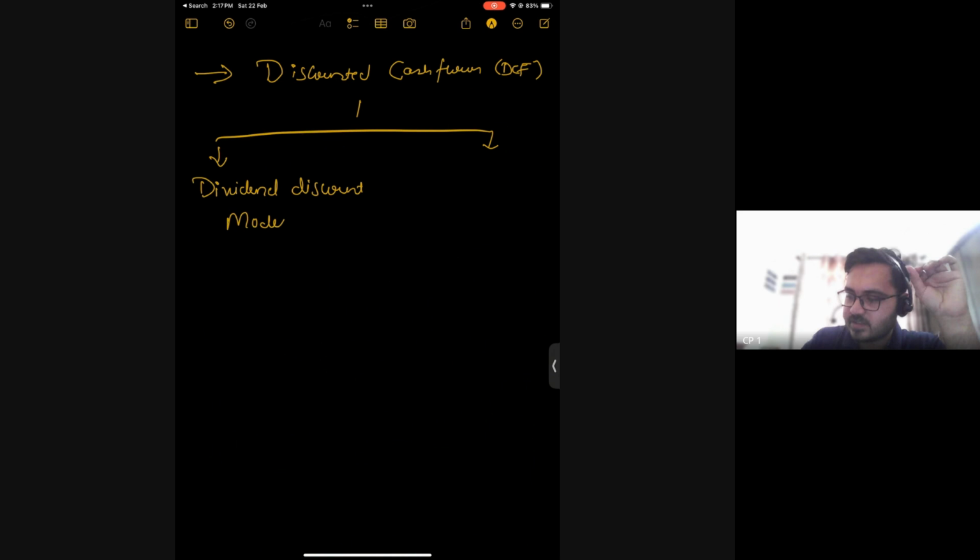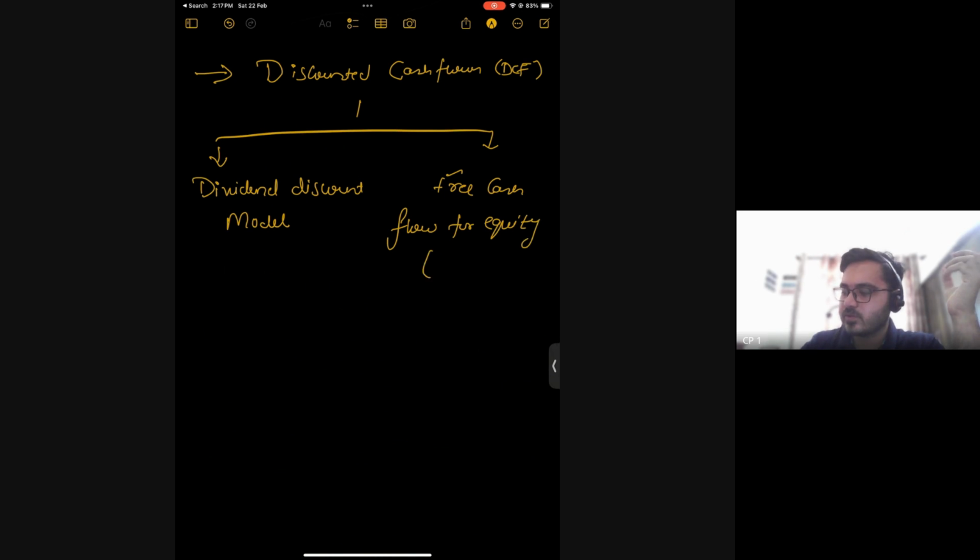The second one is basically called a free cash flow for equity model, also known as FCFE for short, and DDM for short. But nobody calls it DDM; you usually say dividend discount model. In case of free cash flow for equity, a lot of people would usually just say FCFE and directly use that.